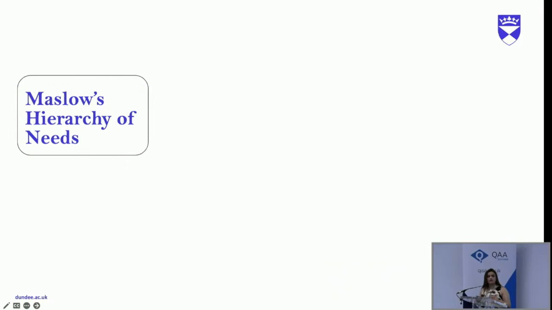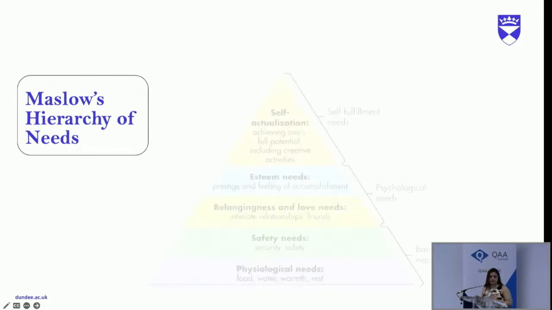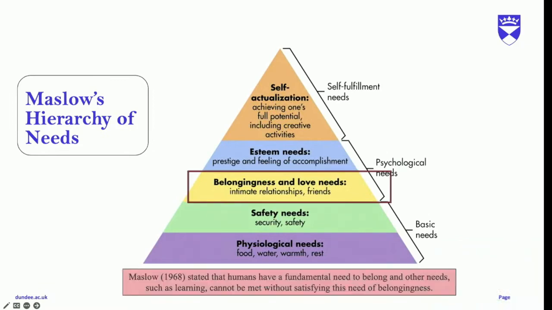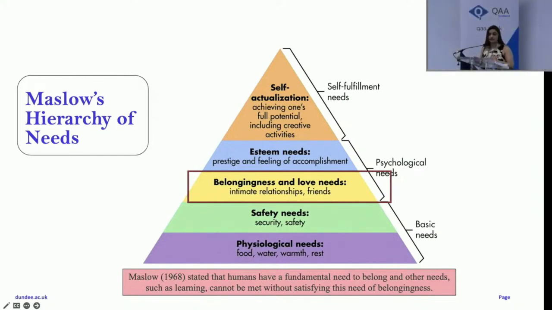According to Maslow's hierarchy of needs, belongingness comes in between. He stated that humans have a fundamental need to belong, and other needs such as learning cannot be met without satisfying these needs of belongingness. This is one of the basic human needs.